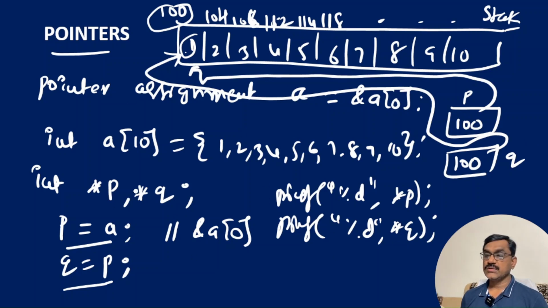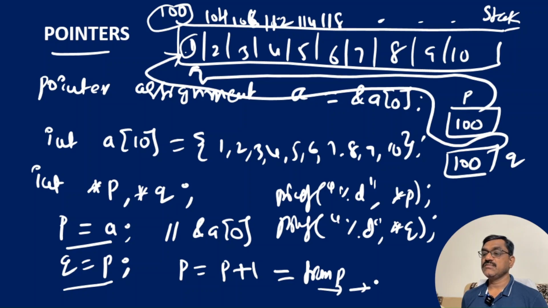Now another important thing is, here I am writing p = p + 1. In this case, what happened? p = p + 1 in the sense, p is pointing to the first memory location, that means 100. Now p + 1 means from p's starting position, we are moving ahead one position.